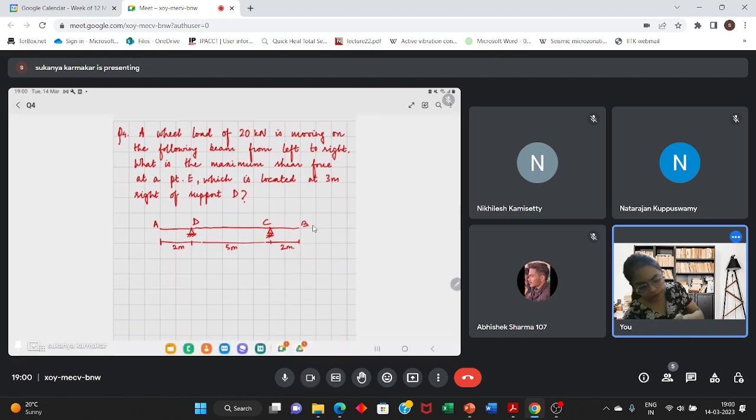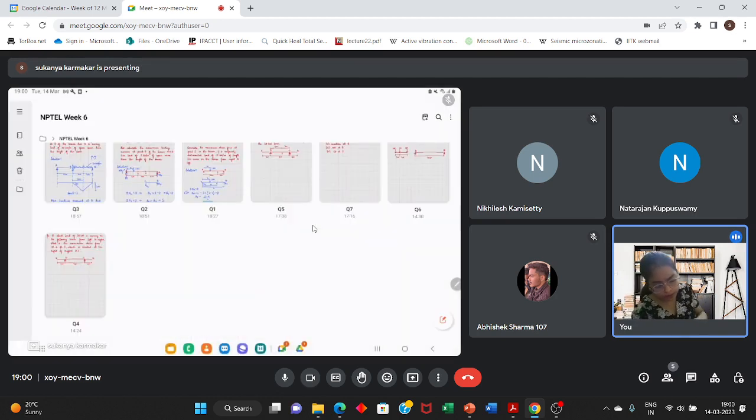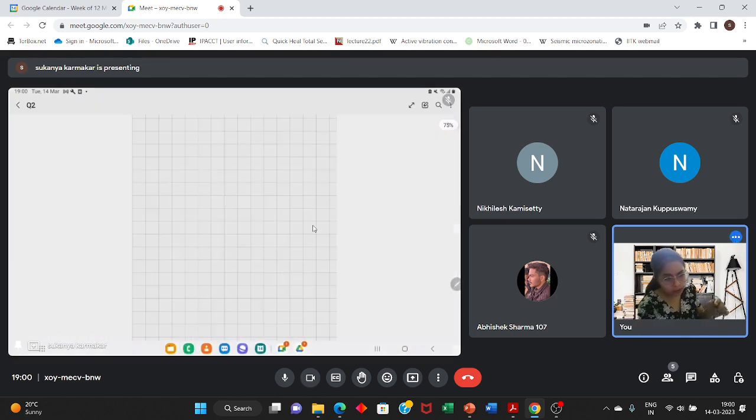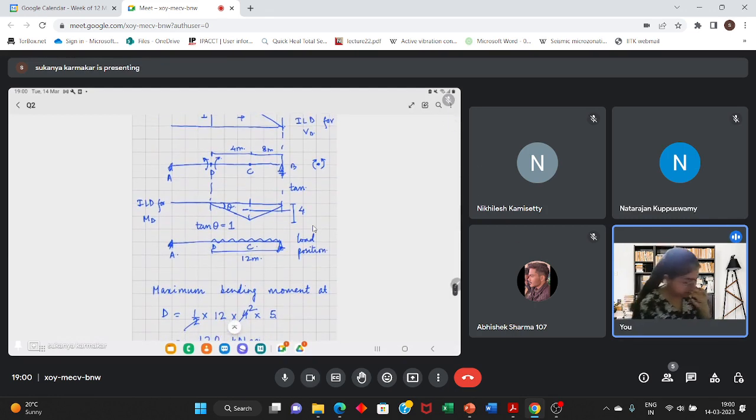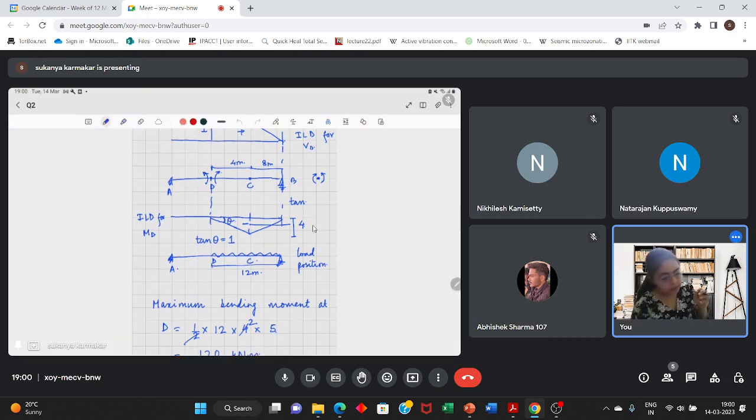Here, I would like to make a small clarification regarding theta, which was raised in the previous question. You are drawing the ILD for moment. Moment restrains rotation, so you are allowing rotation.